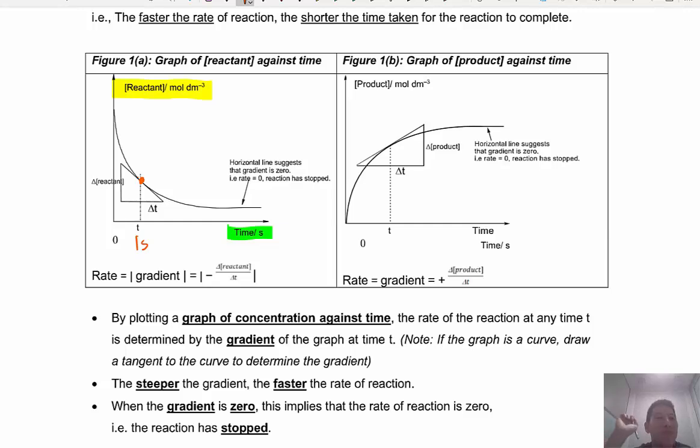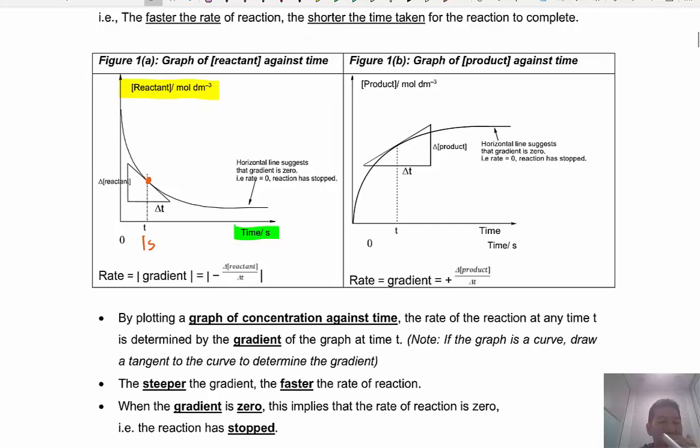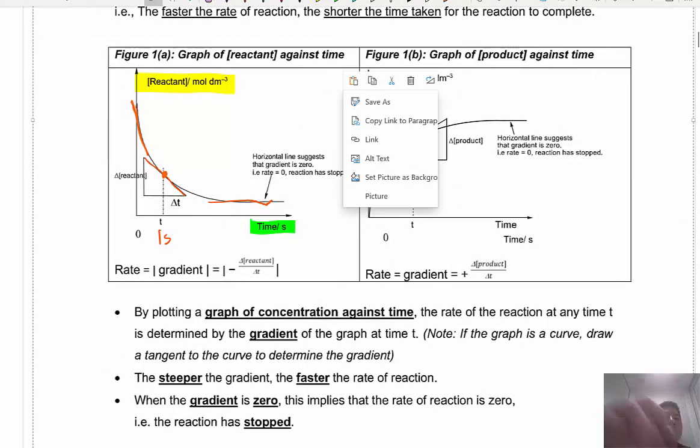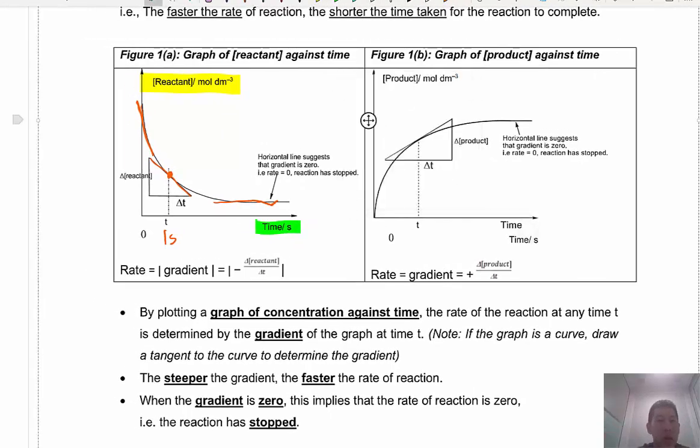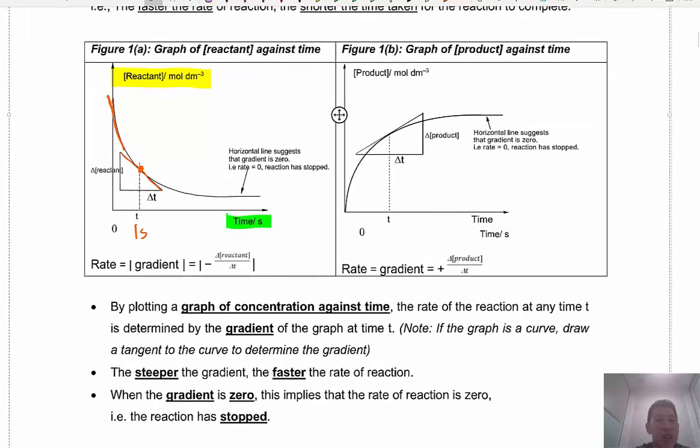And then at that time, you draw a tangent to the curve, you find the gradient of the tangent, and that gradient will give you the rate. And as you can see, the rate will not always be the same.